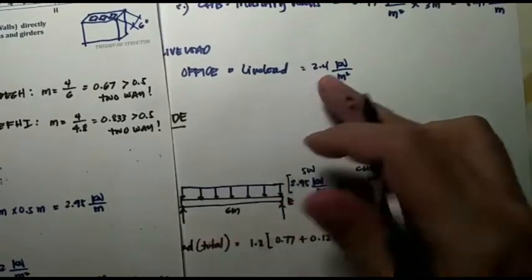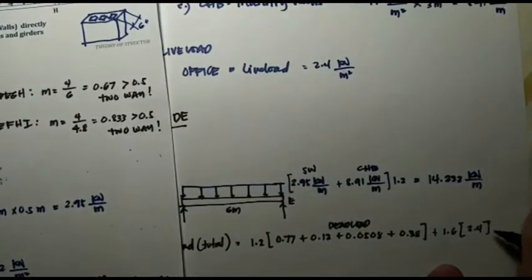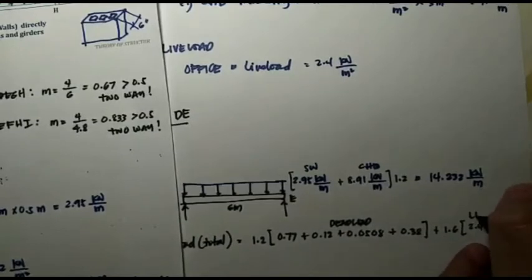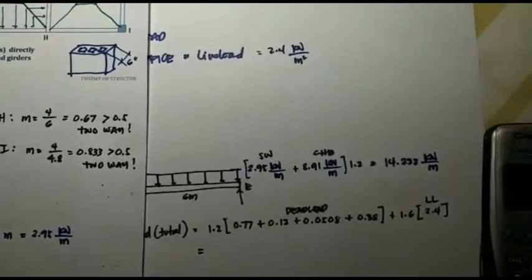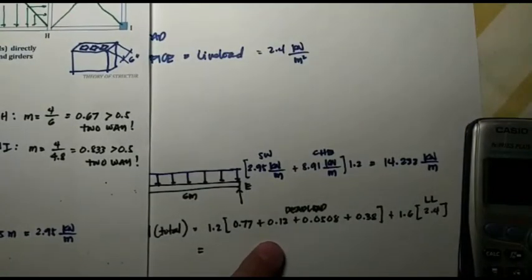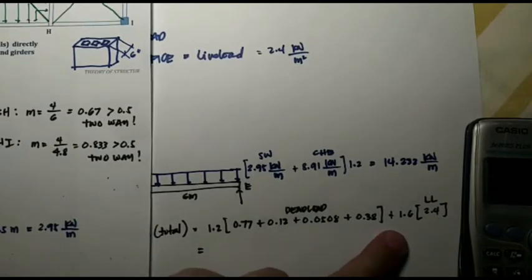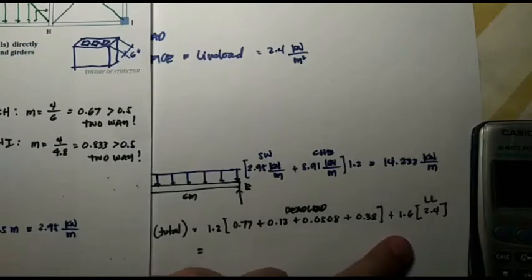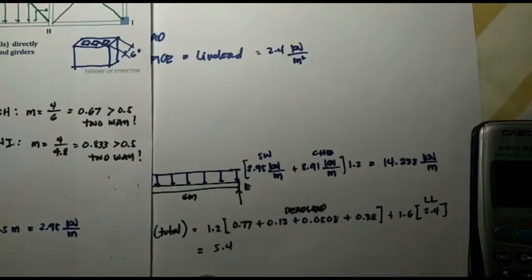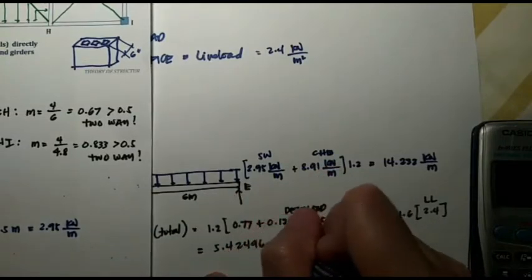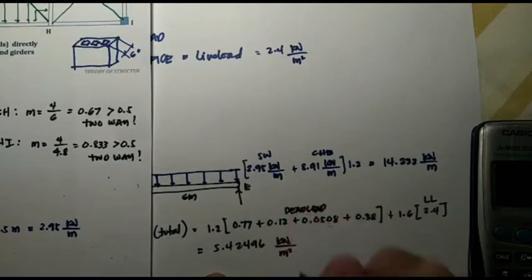Yung live load natin is 2.4, expressed in kilopascal. 0.77 plus 0.12 plus 0.05 plus 0.38 times 1.2 load factor plus 1.6 of 2.4. So we got 5.42496 kilopascal or kilonewton per square meter.